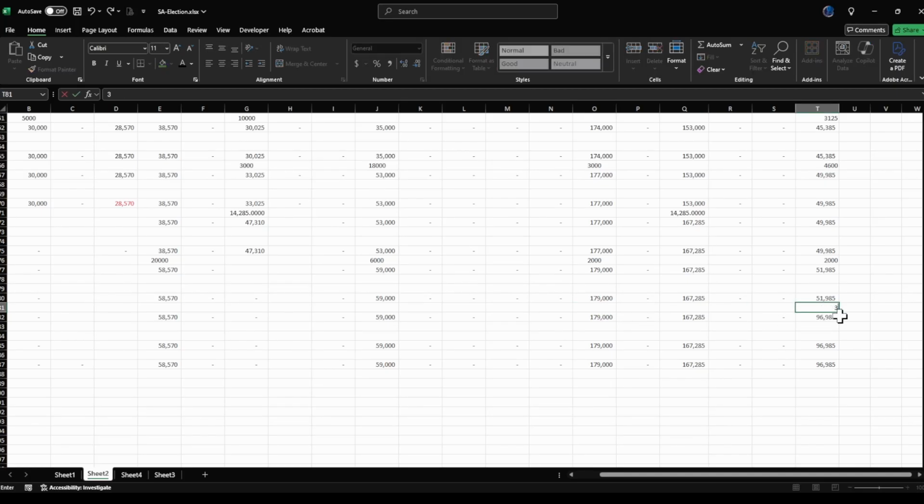Let's say that 35,000 have expired, which means that we have basically 12,000 left. And of that 12,000, 9,000 went to this party, and 3,000 went to this party.